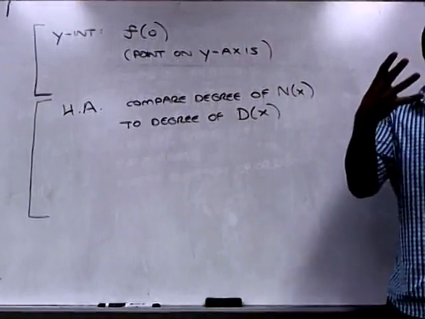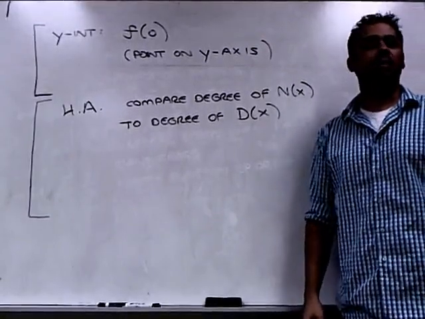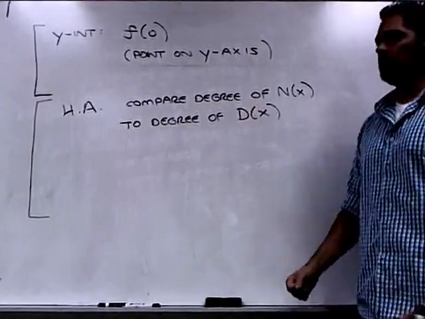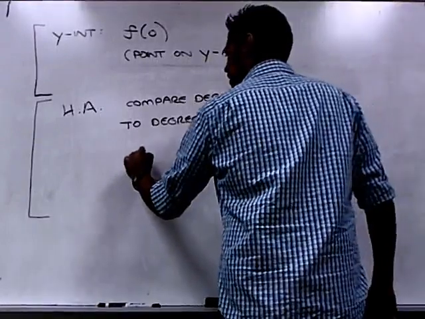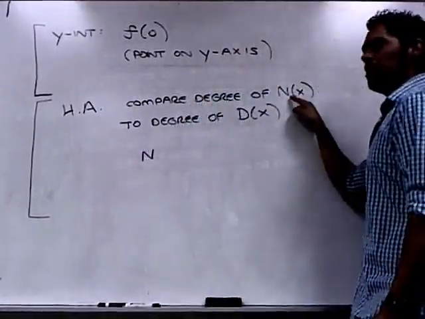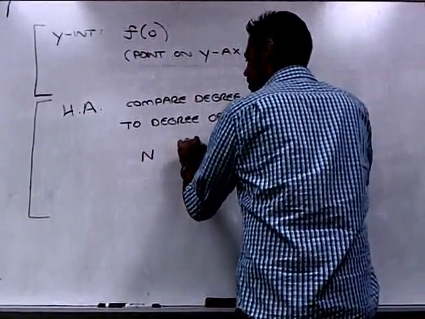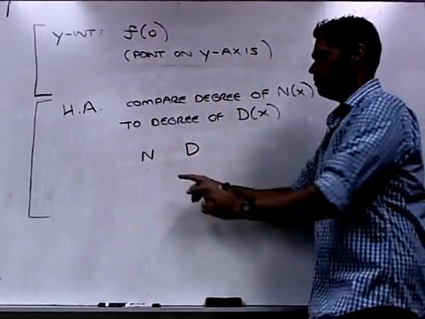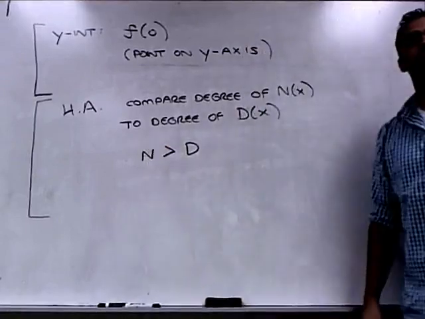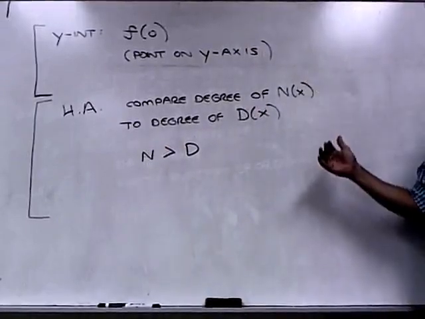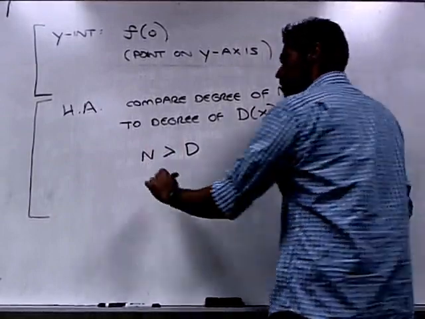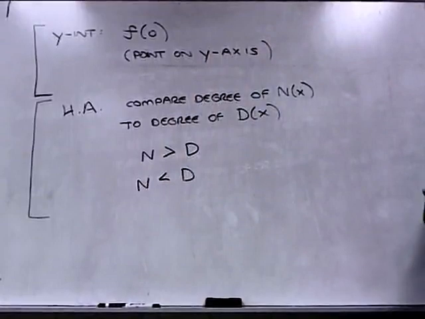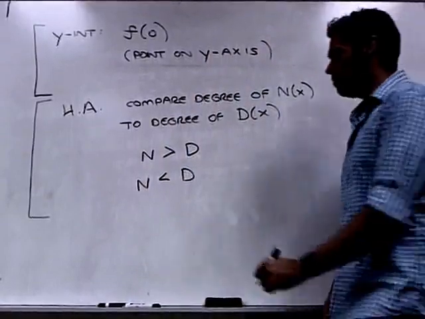When you have two numbers and you compare them, what are the three possibilities? Let's say I have a number n, which will be the degree of the numerator, and a number d. What are the three cases I could have? n could be bigger than d, so the numerator's degree is bigger than the denominator's. Or the numerator's degree is less than the denominator's. Or they're the same.